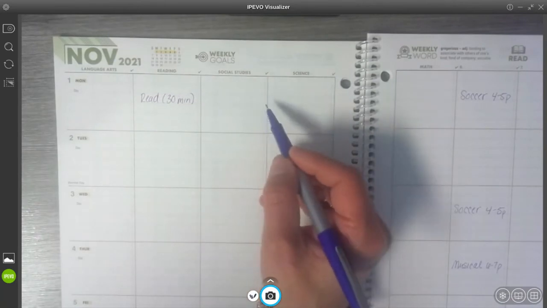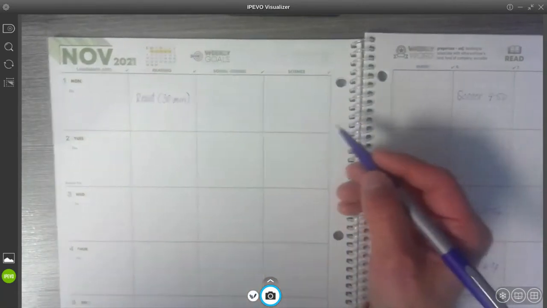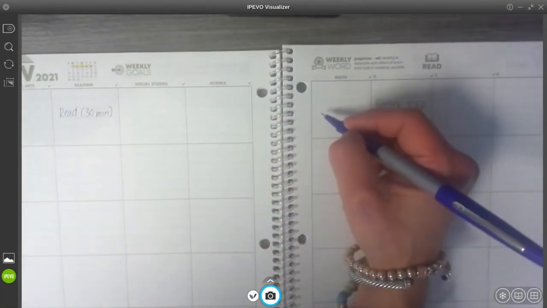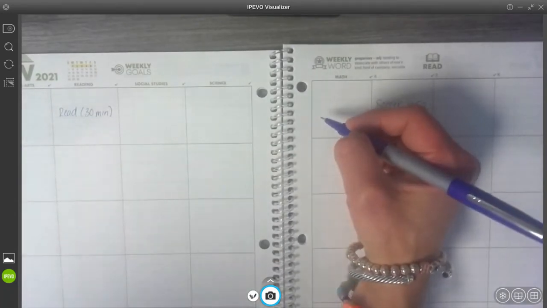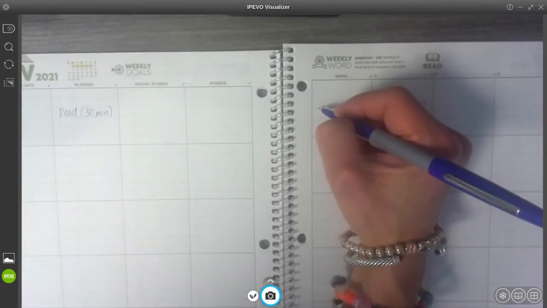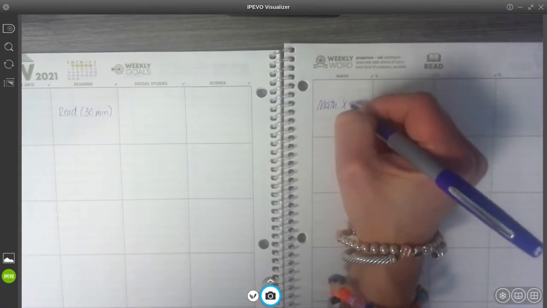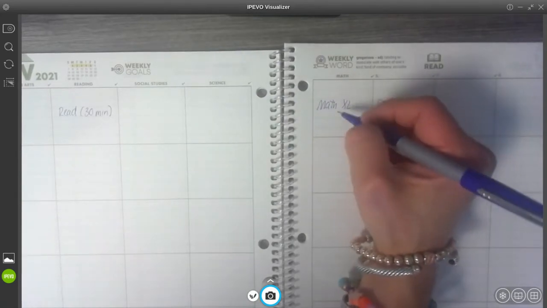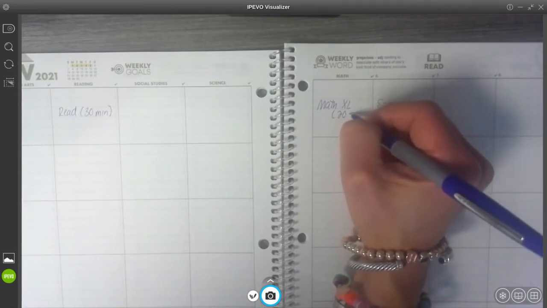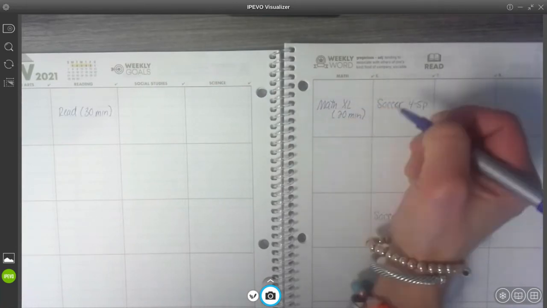Then let's say that evening they might have some math homework. So their math teacher will ask them to put in the math homework. And let's say that it's Math Excel, and they can roughly estimate that that would be 20 minutes.